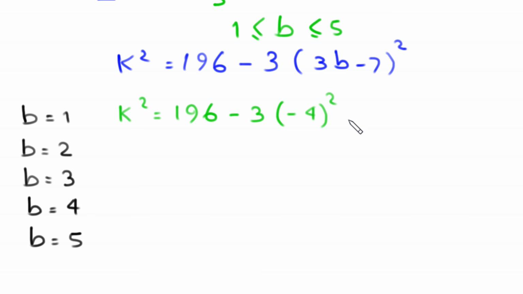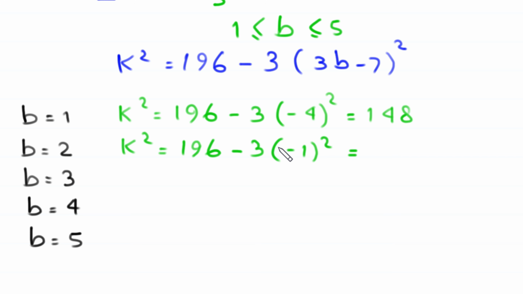Negative 4 squared is 16, and 16 times negative 3 is negative 48, and 196 minus 48 is 148. And when b is equal to 2, then k squared will be equal to 196 minus 3 times (6 minus 7 is negative 1) squared, which is 1 times negative 3, negative 3, and 196 minus 3 is 193.